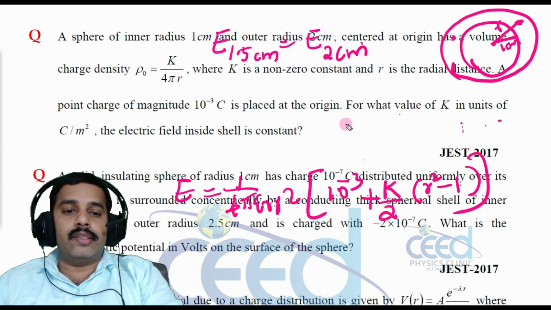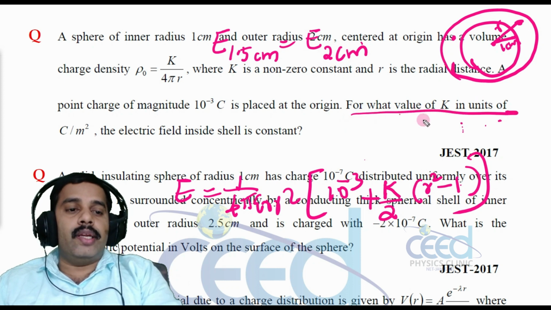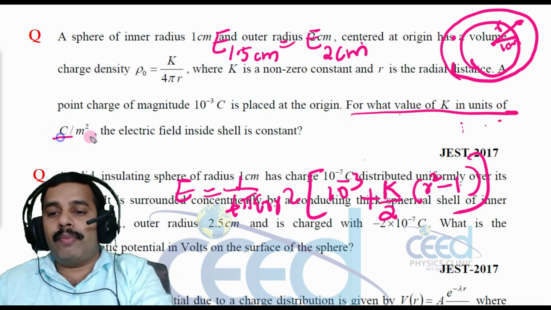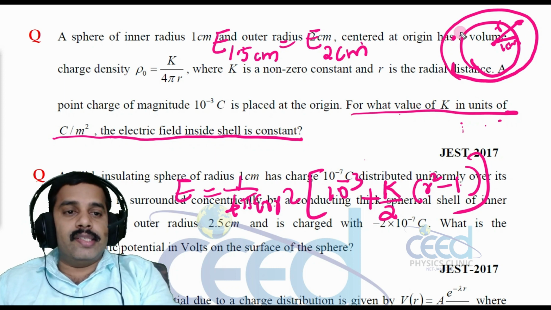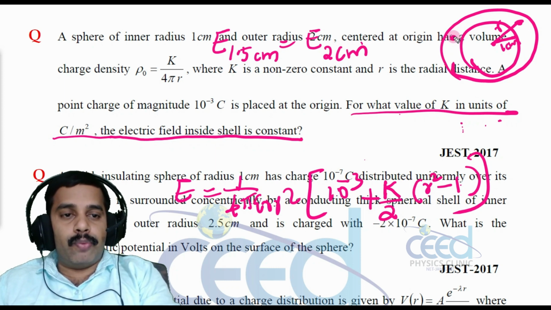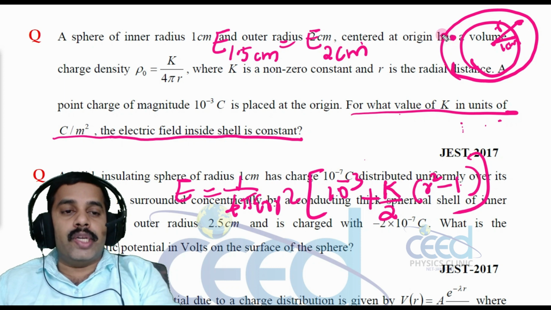Our question is, for what value of k in units of coulomb per meter square is the electric field inside the shell constant? Inside the shell constant means at 1.5 and at 2 centimeter the electric field is same. At that condition, what will be the k value?